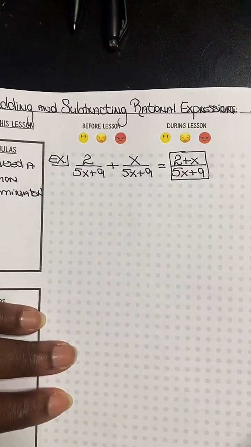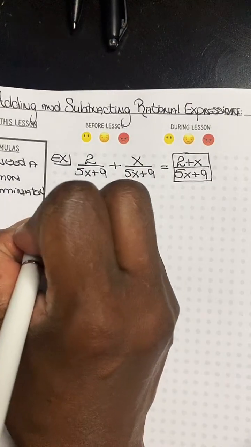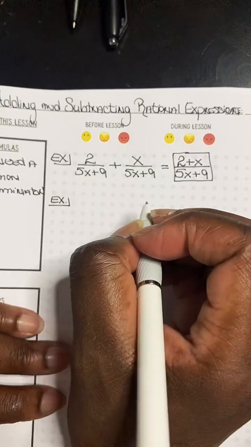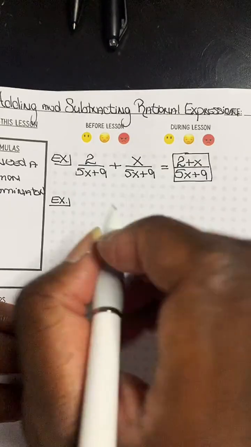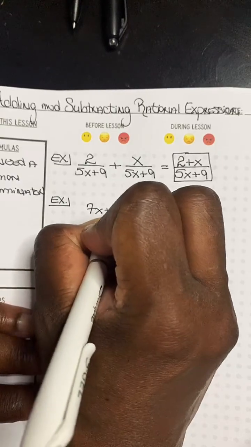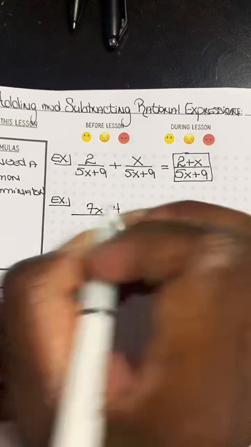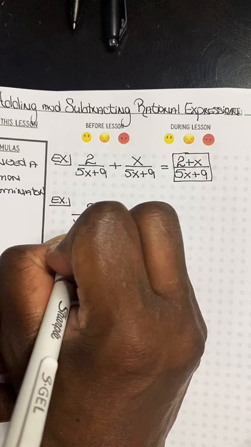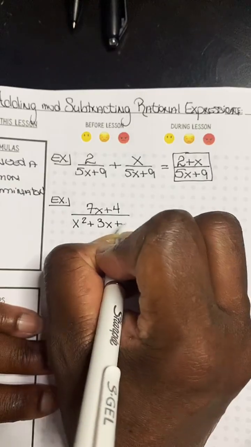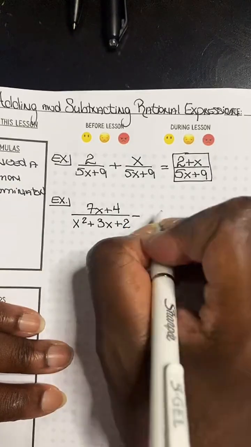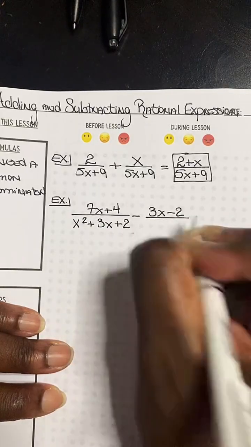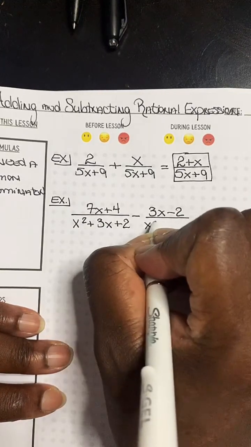So let me try another one. If I say, well, let me up it a little bit. So if I say 7x plus 4, then I have my x squared plus 3x plus 2, minus 3x minus 2, and they have the same denominator.